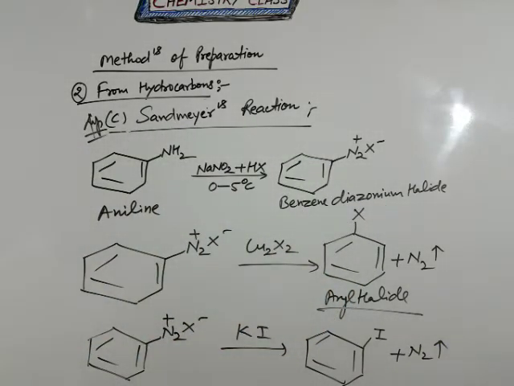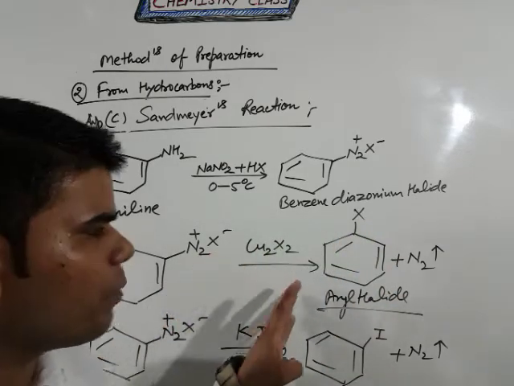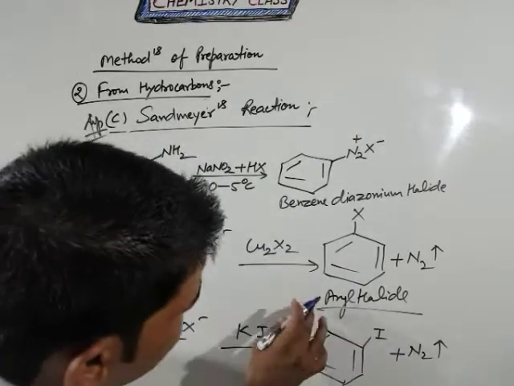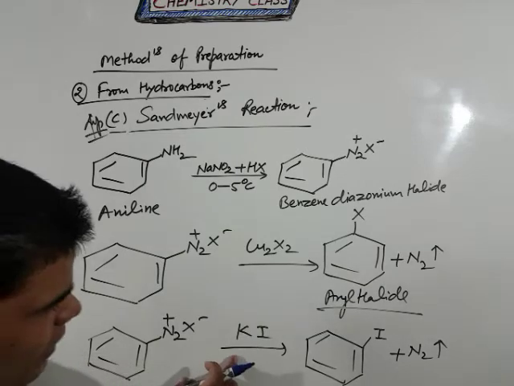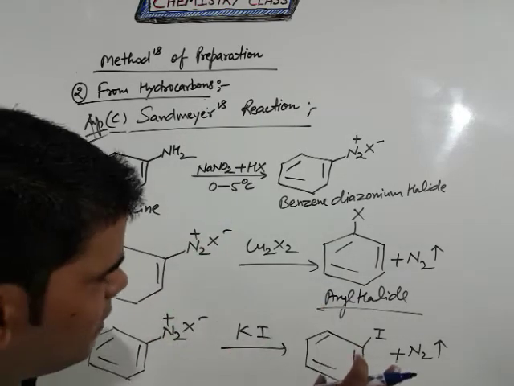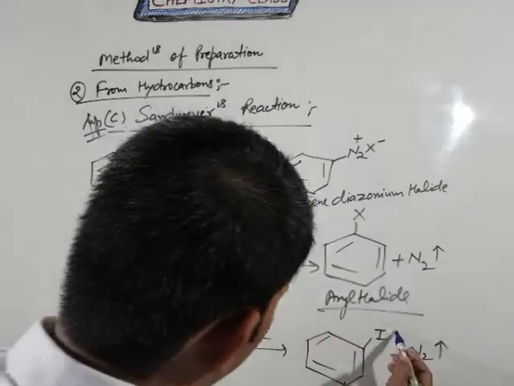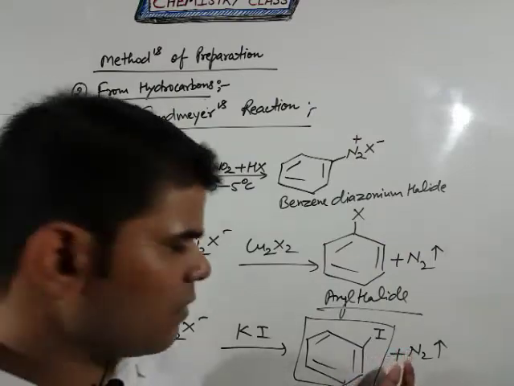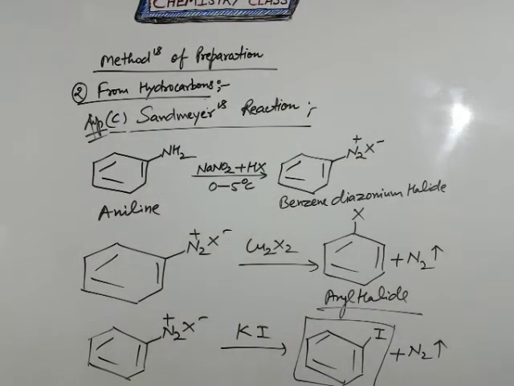But in the benzene diazonium halide, if you are adding the copper halides, you will see here, it will give aryl halides. But in the case of KI, there is no need for any other copper halides; it will directly give benzene attached to the iodine. That means iodobenzene, which is very important for you.